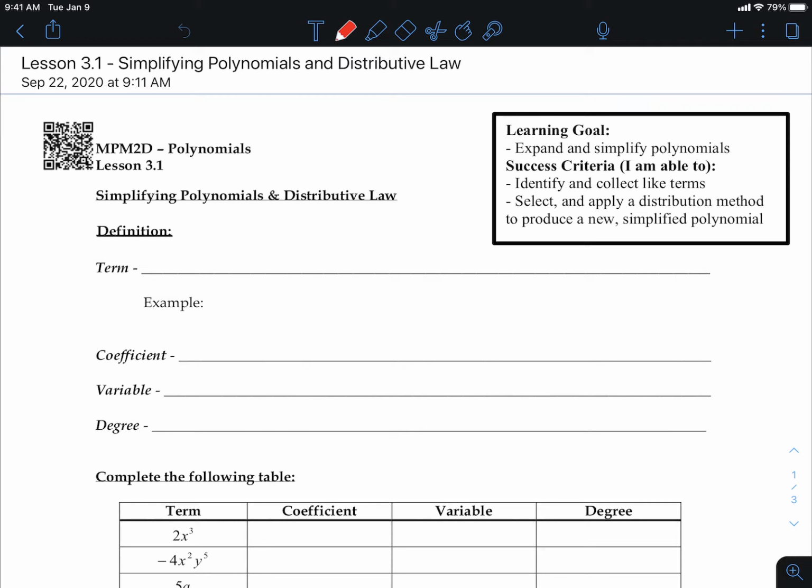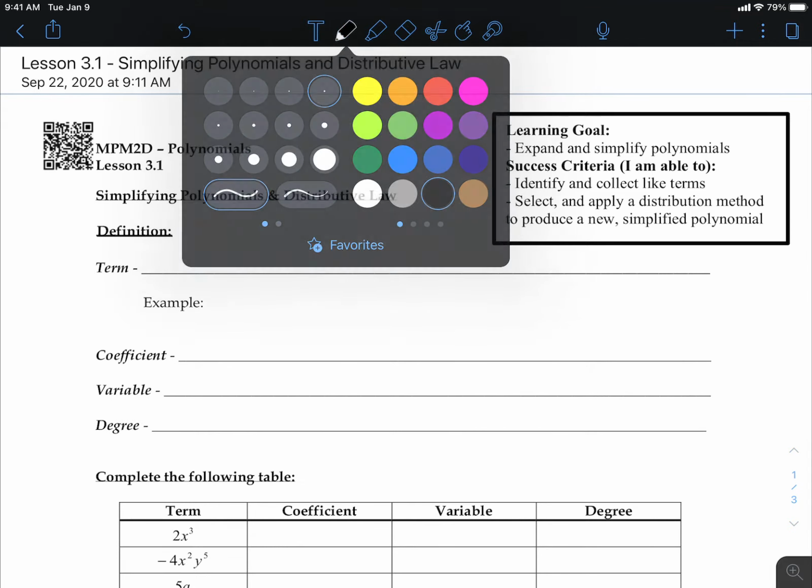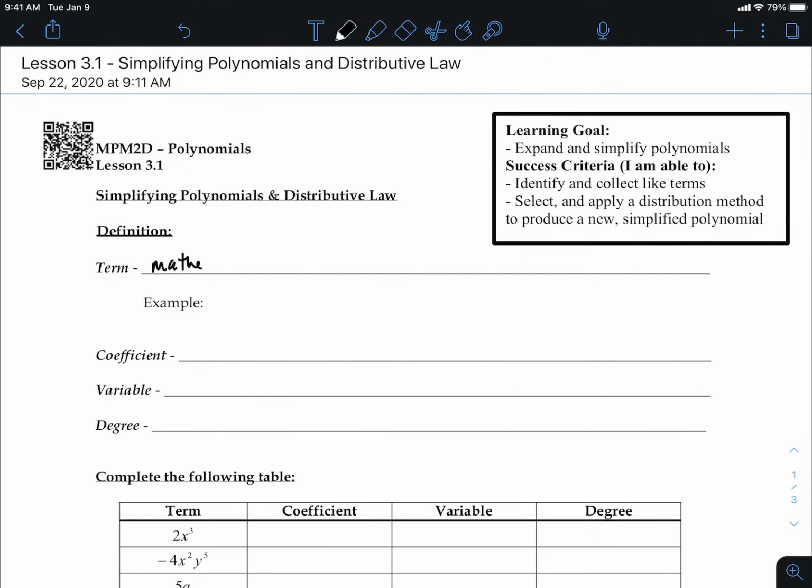So a term is going to be what we're going to define as, let's go in black today, a mathematical expression which has symbols and numbers.